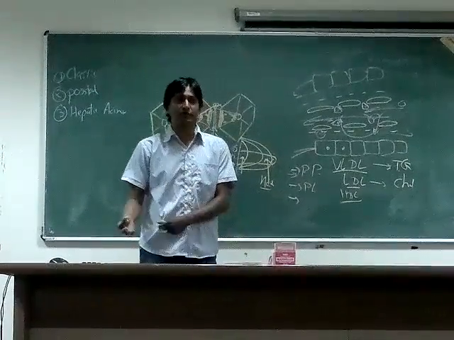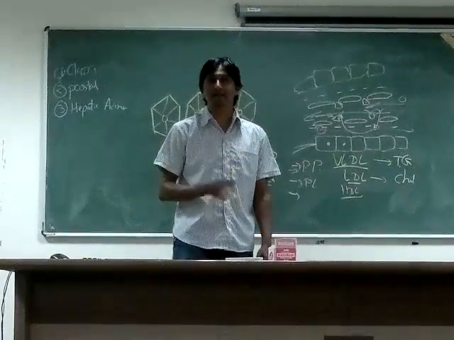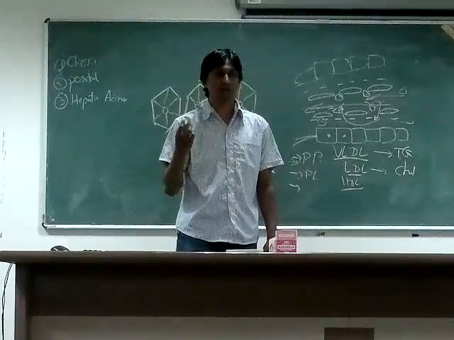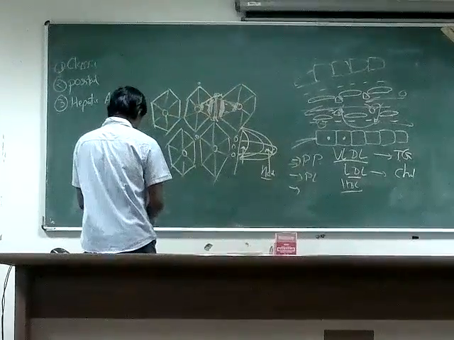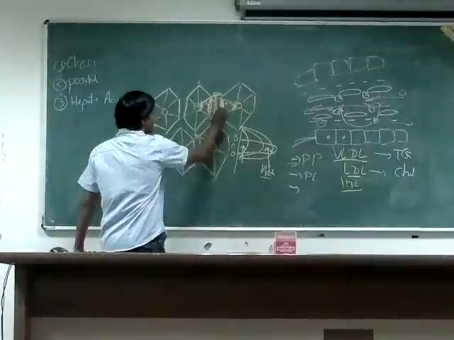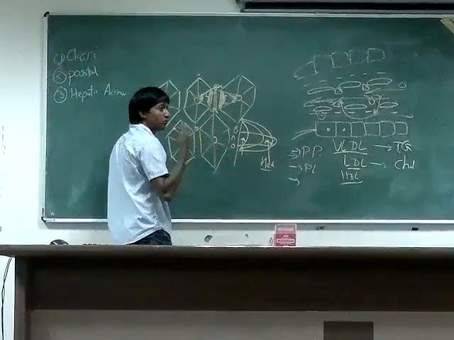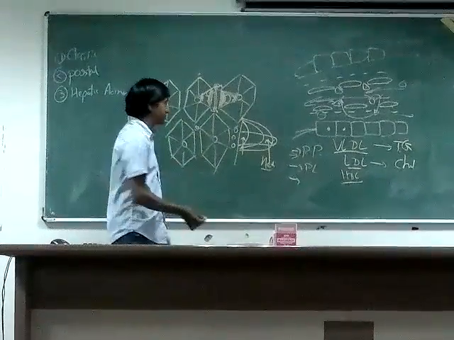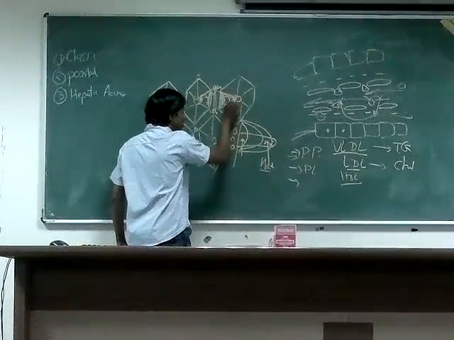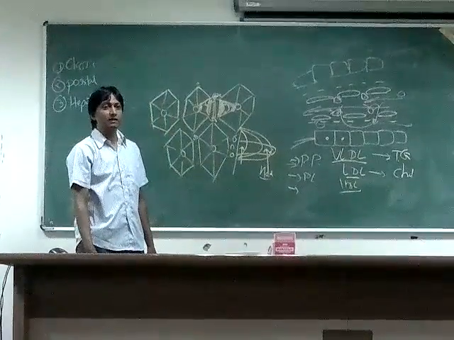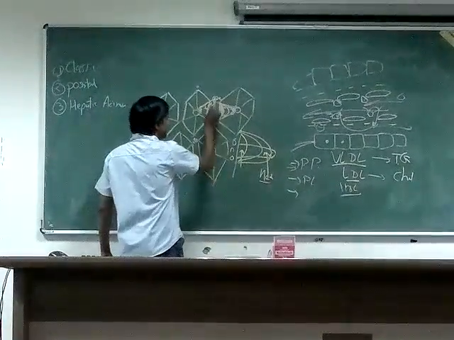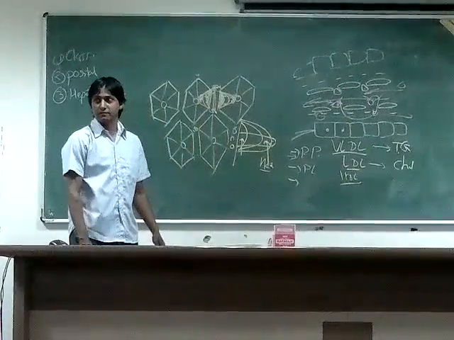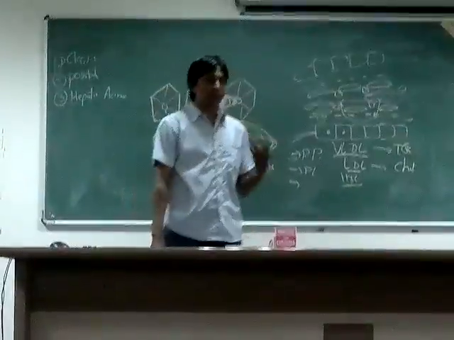So according to the perfusion, according to the oxygenation, we can divide the lobule, or the hepatocytes, into three zones: 1, 2 and 3. Zone 1 gets more oxygenation, the second zone gets moderate oxygenation, and the third zone gets the least oxygenation. Again the same 1, 2 and 3. Okay, there are three zonations.